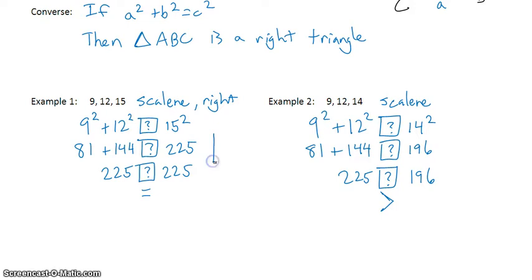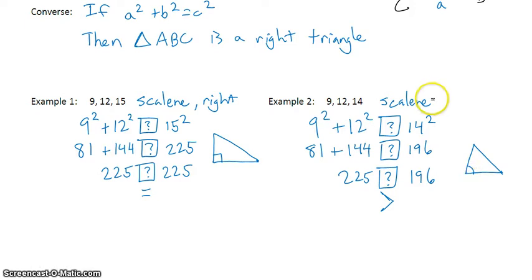Now let's think about this. In our first example, our hypotenuse was equal to the two legs squared, and we got a right triangle. In example number 2, the hypotenuse has shrunk down. So if you think of it this way, when our hypotenuse gets smaller, what kind of angle do we have here?